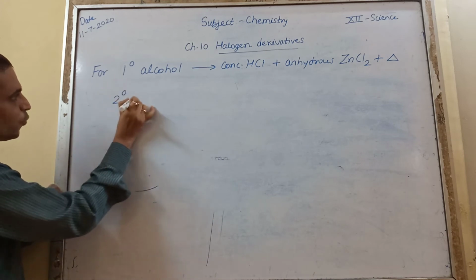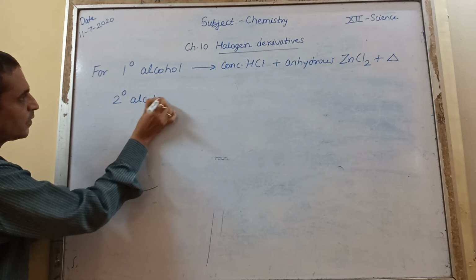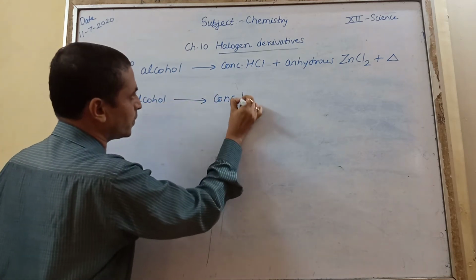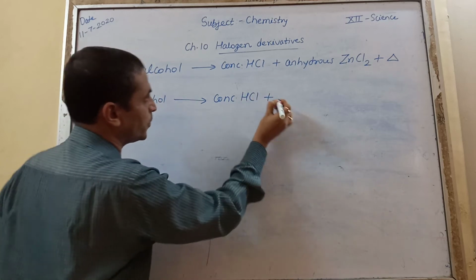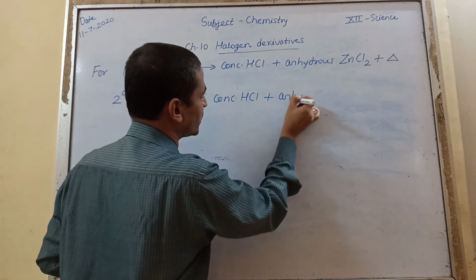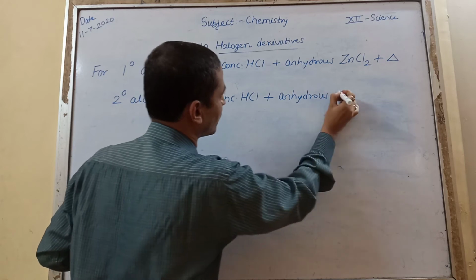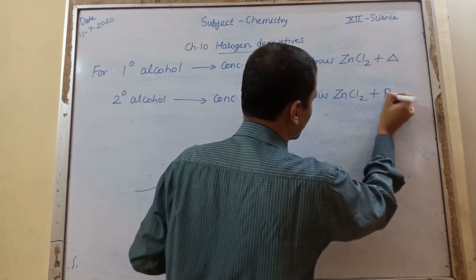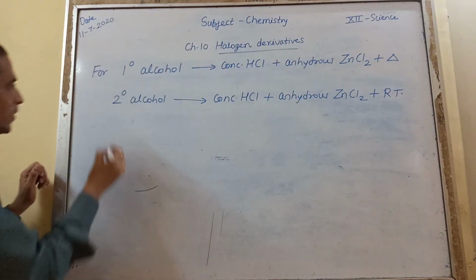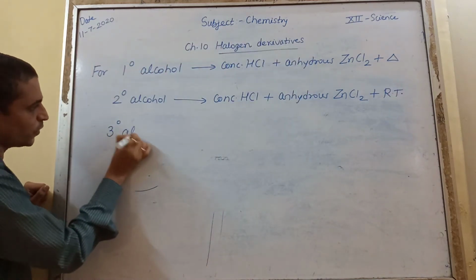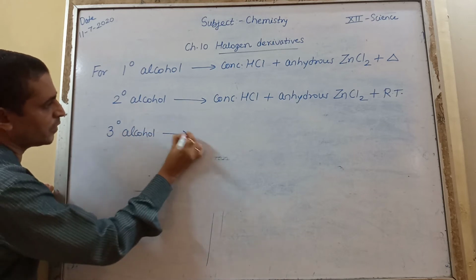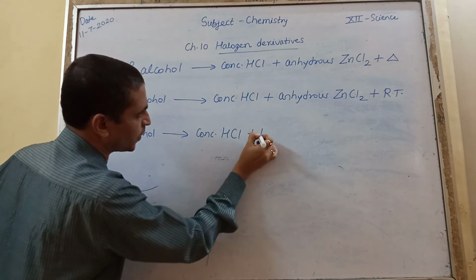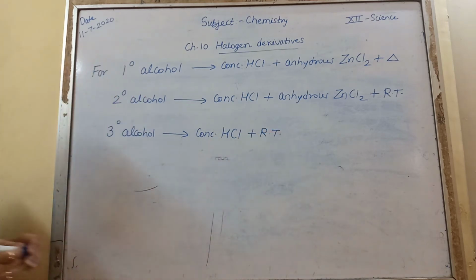Now for secondary alcohol, conditions required are a little bit mild. HCl plus anhydrous zinc chloride plus what? Room temperature, that is RT. But for tertiary alcohol, conditions are very mild. We require only concentrated HCl plus what? Room temperature. We do not require anhydrous zinc chloride.